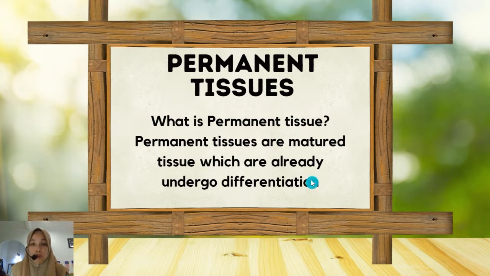Make sure you know the meaning of matured: tissue yang matang, tissue yang sudah mengalami differentiation. What is differentiation? The cell becomes specialized and carries out a specific function. So they are permanent tissues.